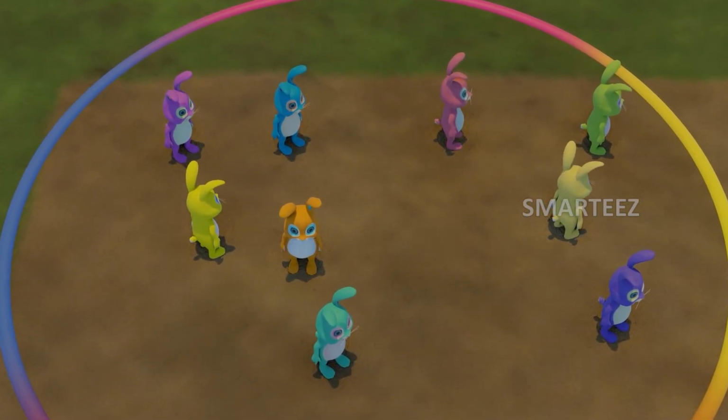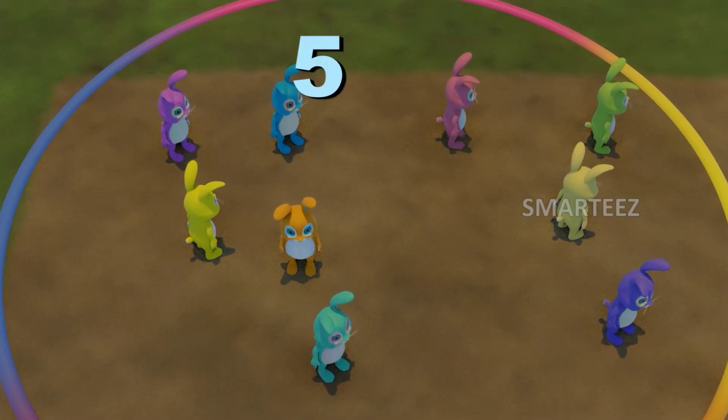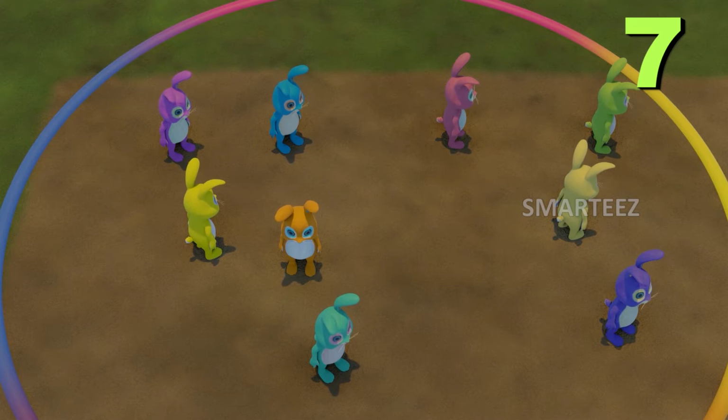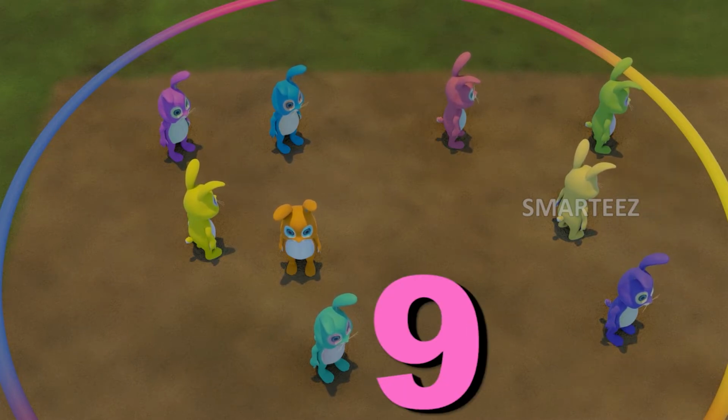That's 1, 2, 3, 4, 5, 6, 7, 8, and 9. There are 9 bunnies over here.